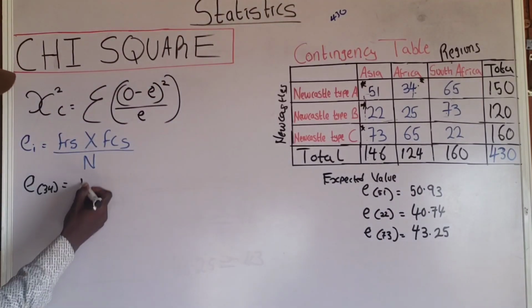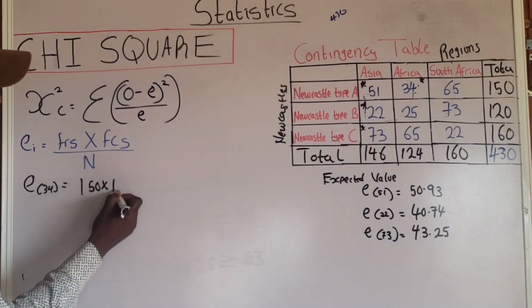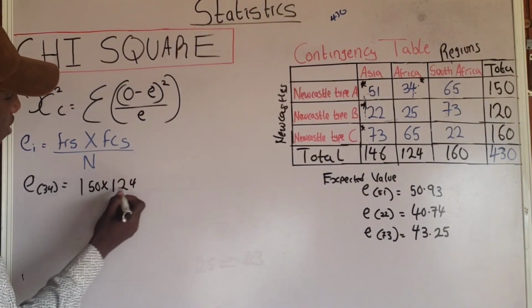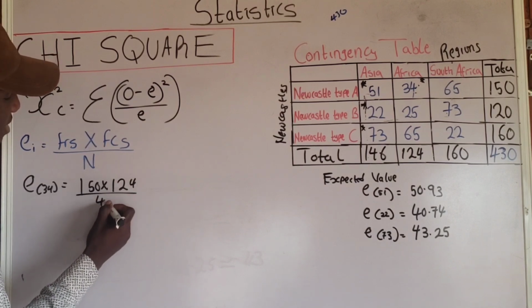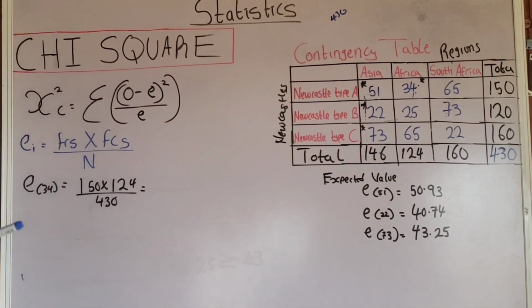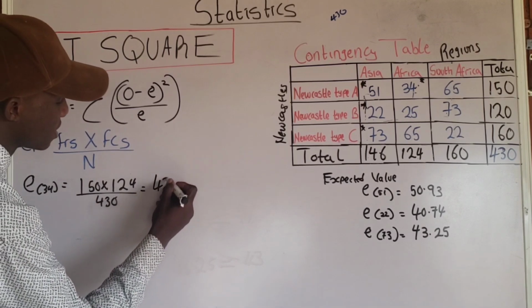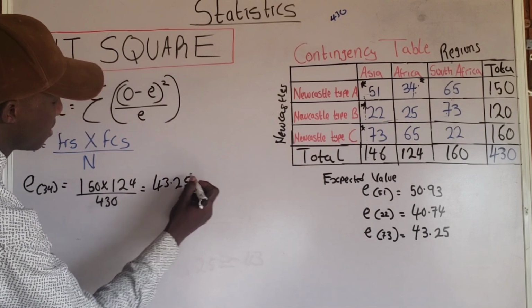So I'm going to have 150 multiplied by 124 all over 430. Please, are you getting what I'm doing? 150 times 124 divided by 430, that is 43.25. So here I'm going to have 43.25.